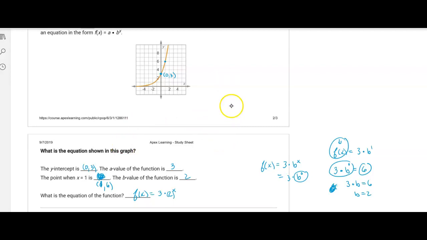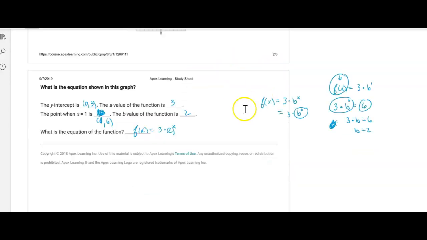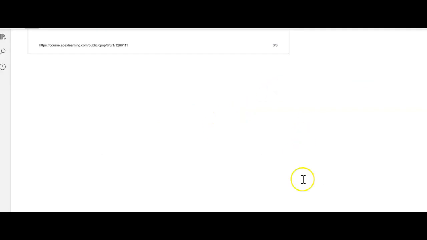All right. The other thing you can do, if you know it's exponential, is create your table: 0, 3, and you have 1, 6. What did you multiply here to get 6? You multiply by 2, so that's your b value. All right. So let's go take a look at some examples.